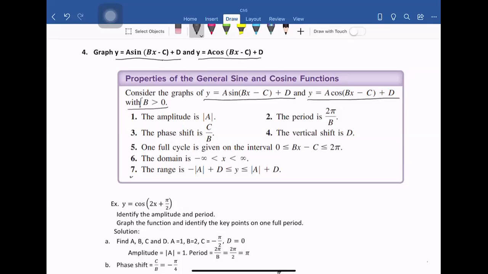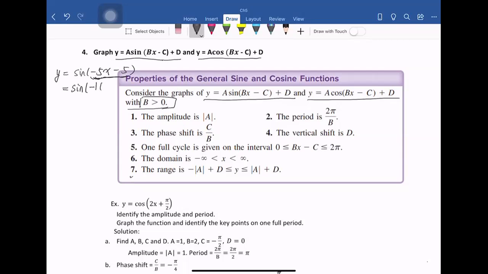If a function is y equals sine(negative 5x minus 5), then b is negative 5, which is less than 0. That means we need to use the even and odd function property to make it another function with b positive. In the parentheses, I can factor out the negative 1.